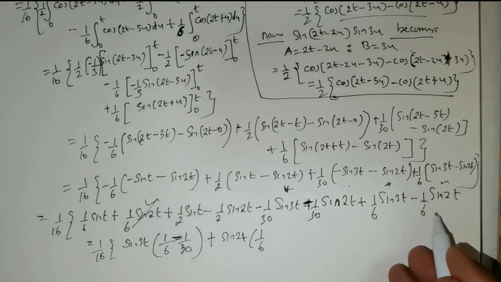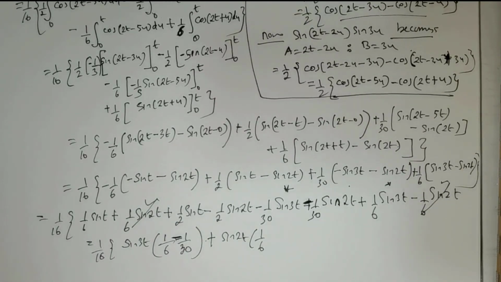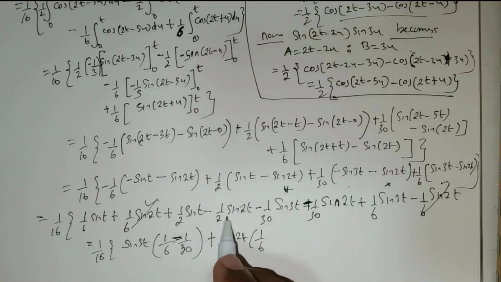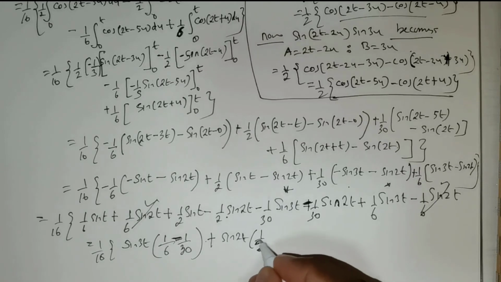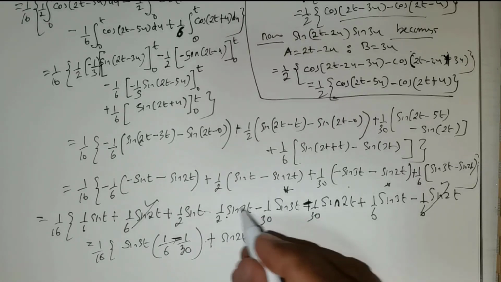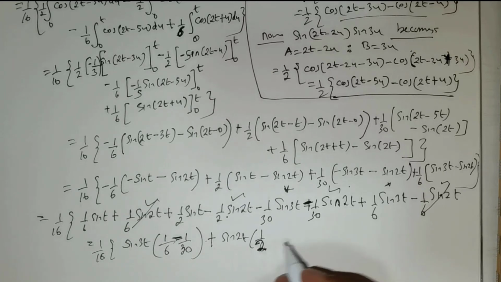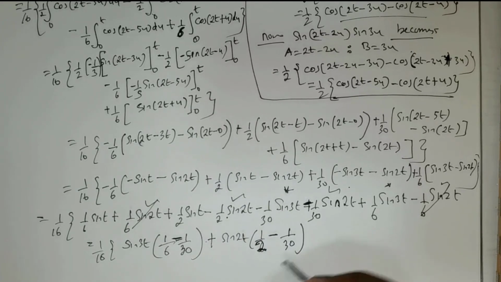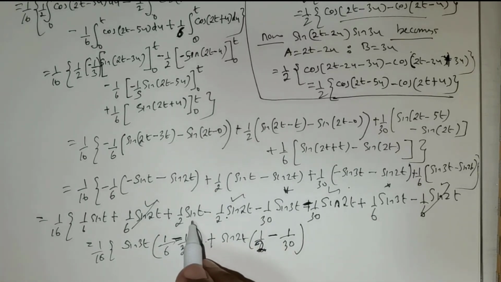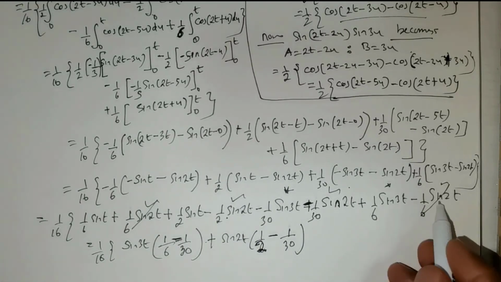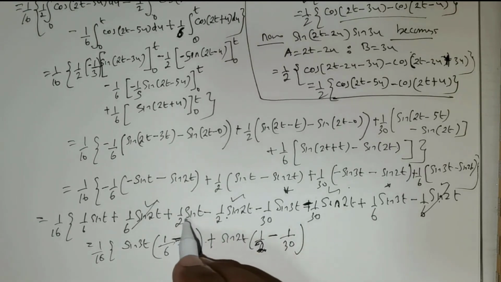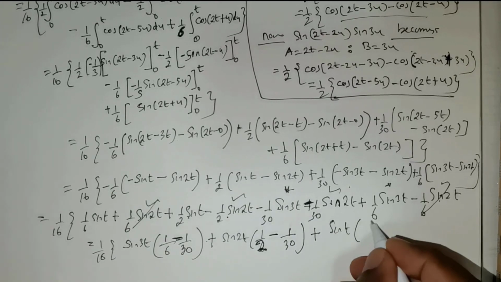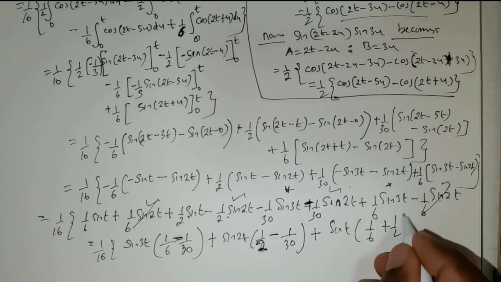In fact, these two things can be cancelled, right? So I have a sine 2t with 1 over 2, and I have a sine 2t here. So 1 over 2 minus 1 over 30. So anything else? Okay, that's fine. So this is done. I have a sine t now. So I'm taking sine t out, and I have a 1 over 6 and a 1 over 2.